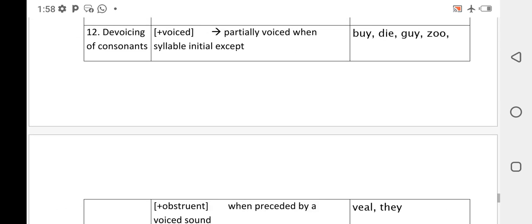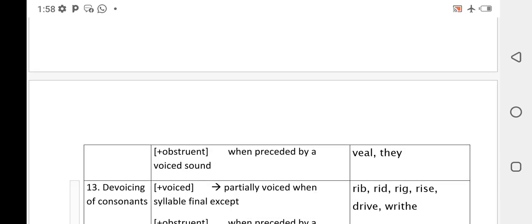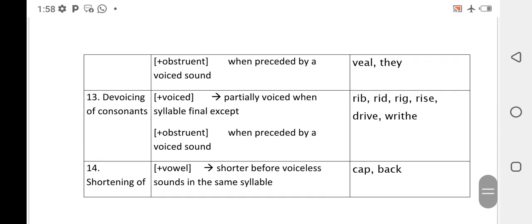Okay, except when you have bl, blame, bl, blame. Okay, it becomes partially voiced.